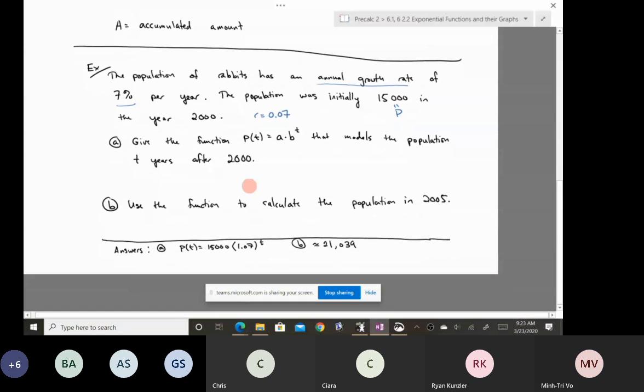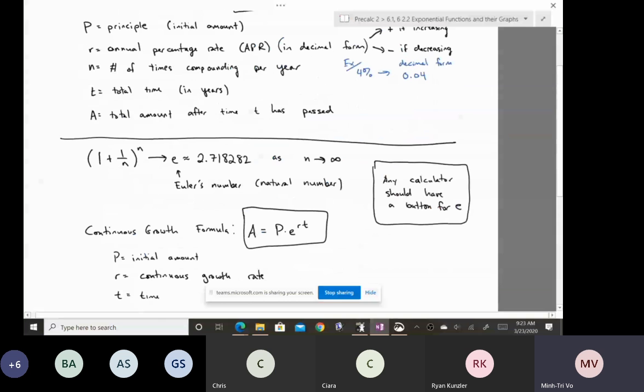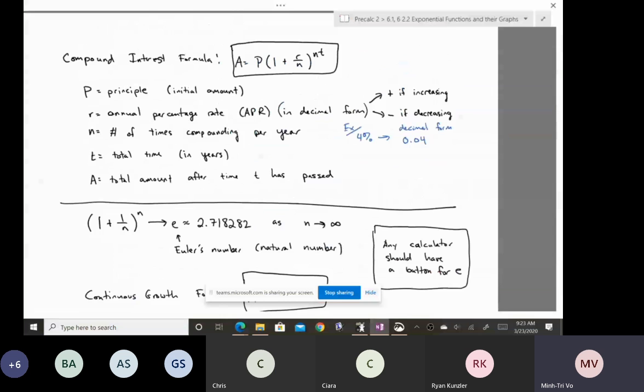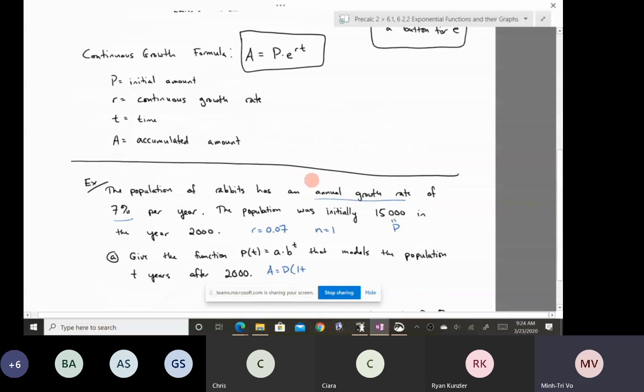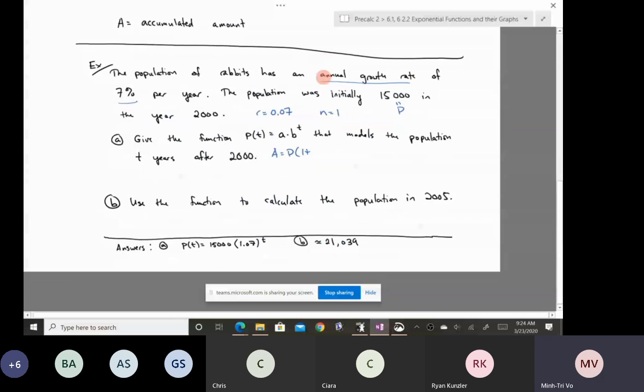It says give the function in the form a times b to the t. What we want to do is use the compound interest formula first and then put it into this form. It doesn't specify the compounding, but it doesn't say that it's continuous, so we can just assume that it compounds 1 time per year. So let's say n is equal to 1. The formula is A equals P times 1 plus r over n, to the nt.